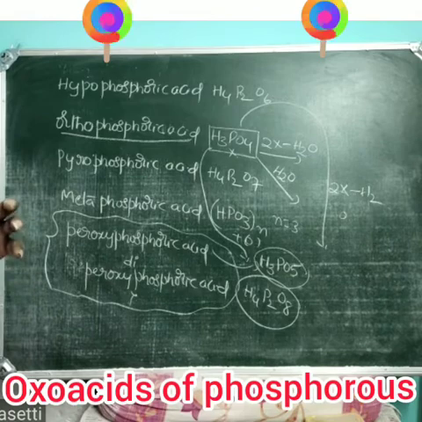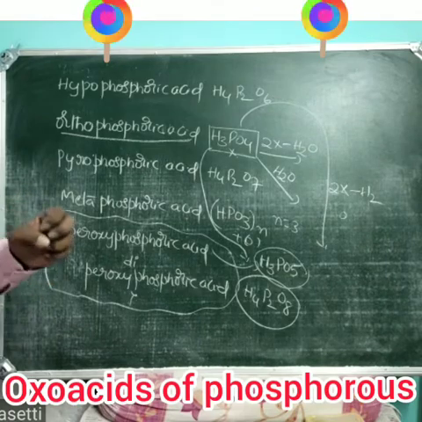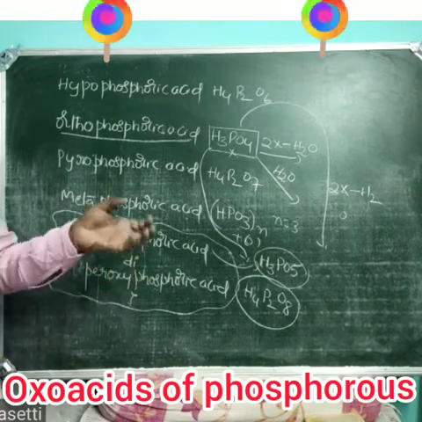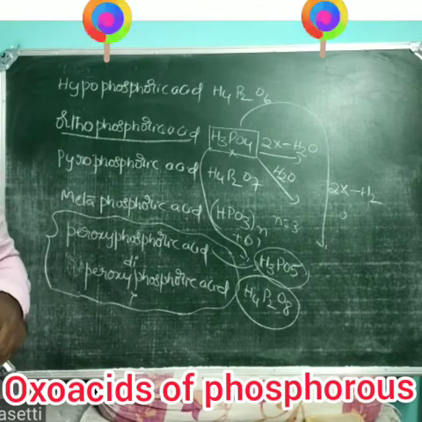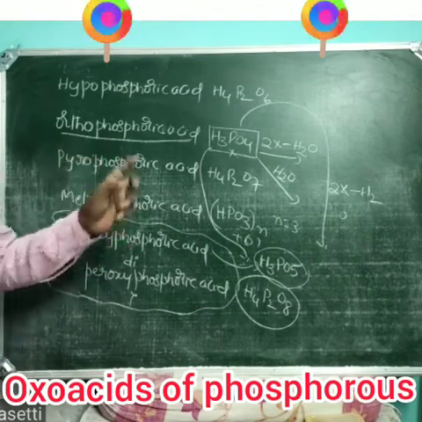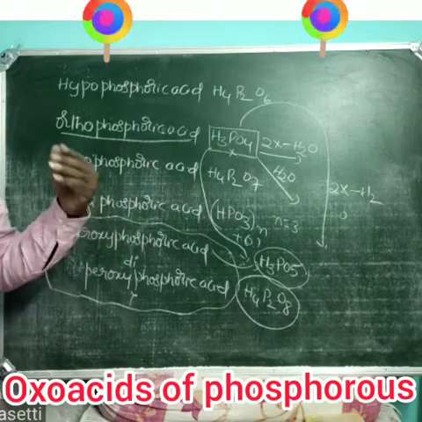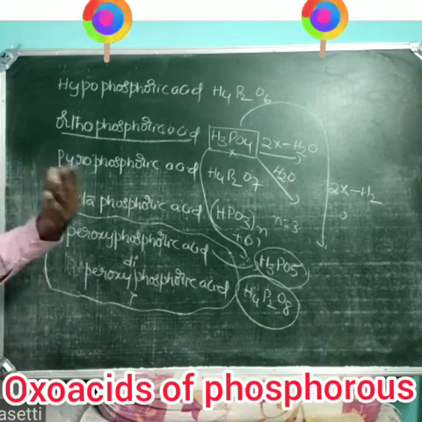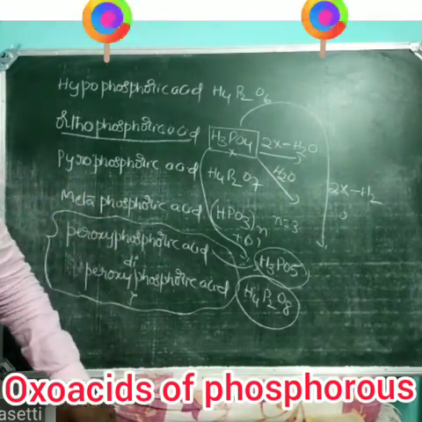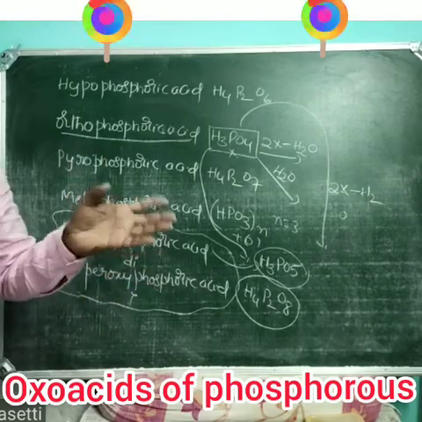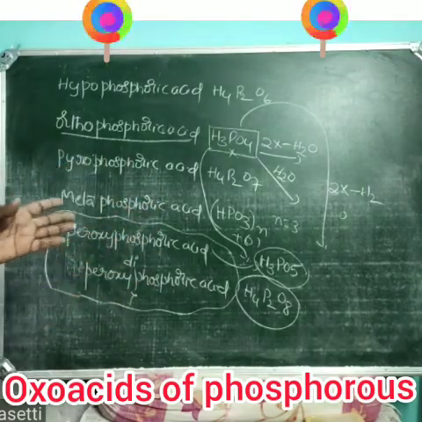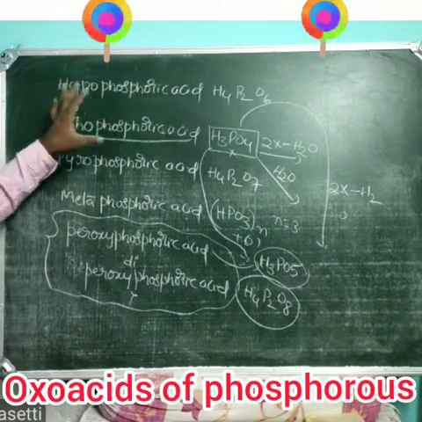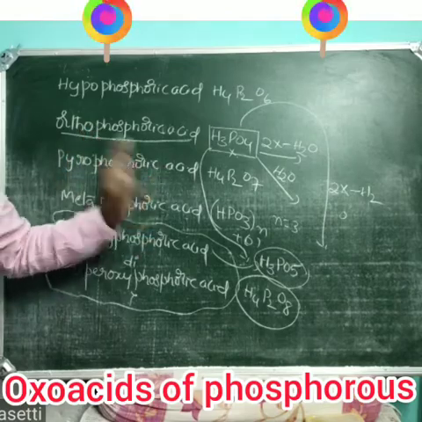So here we have to remember the parent ous acid and ic acid. The parent ous acid is H3PO3 and the parent ic acid is H3PO4. From that, by removing some water molecule, by removing an oxygen, or by adding some oxygen, or multiplying the compound with 2 and removing water, removing hydrogen peroxide, removing hydrogen, in this manner, we will get the formulas of various types of oxy acids.